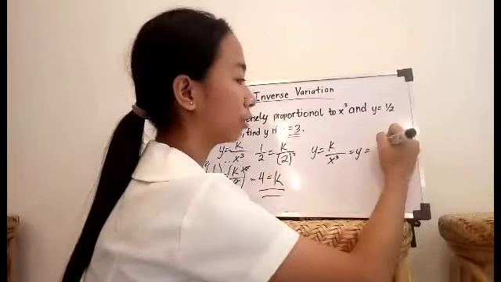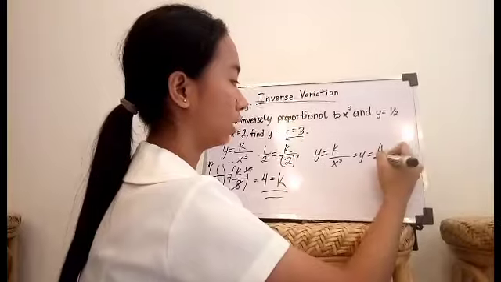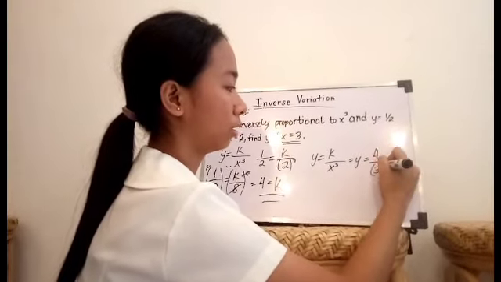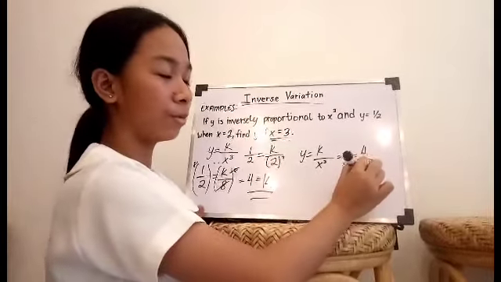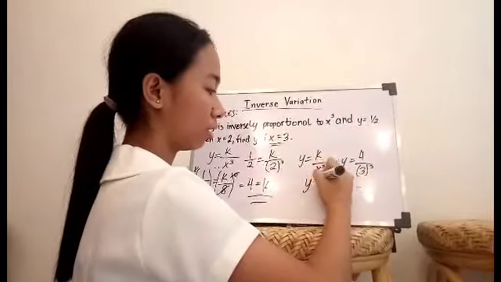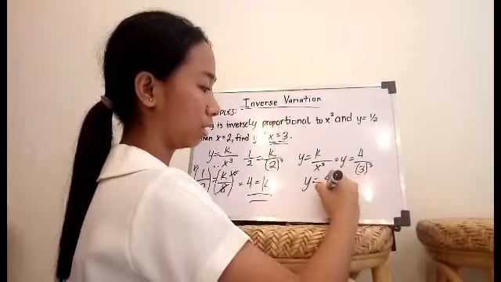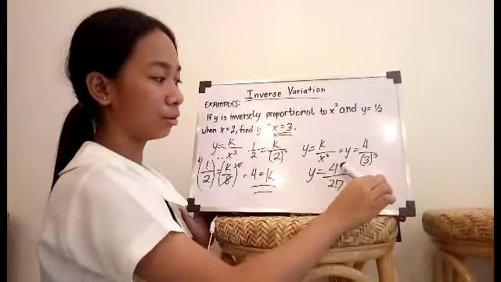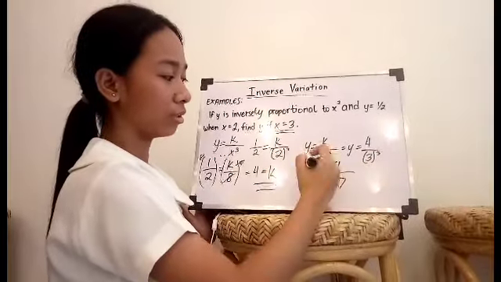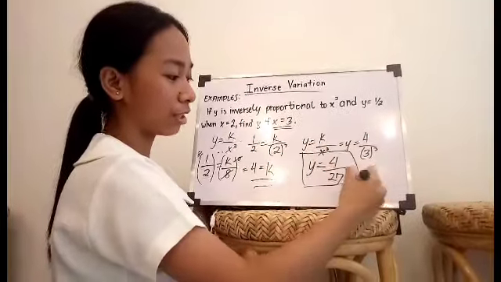It is 4, so we'll put it here, and 3 cubed. So what is the cube of 3, which is 27? And there is no, you can't simplify this, so this is already the final answer.